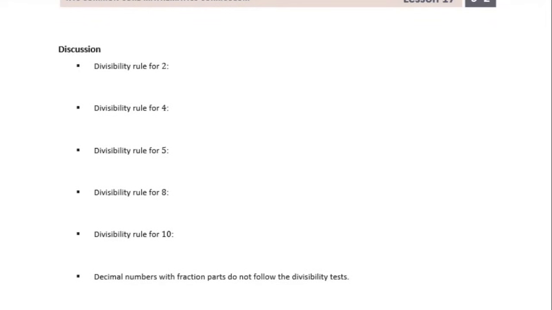So if a number is divisible by 2, the rule is that it ends in 0, 2, 4, 6, or 8. Another way to say that would be the unit digit is an even number.